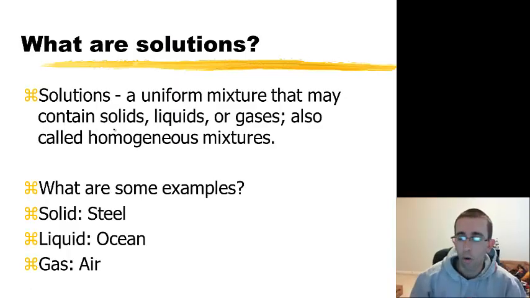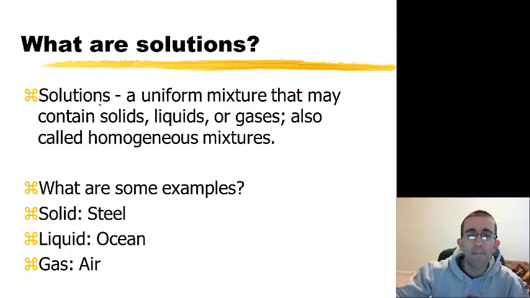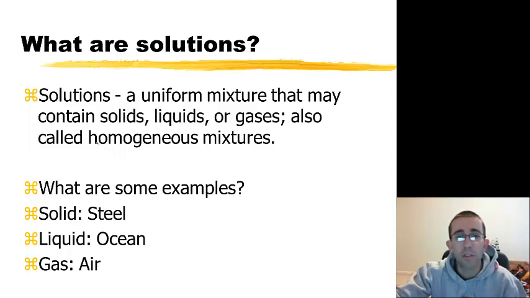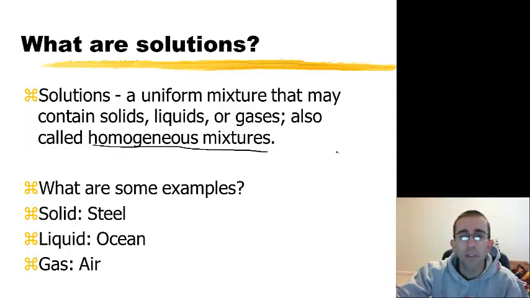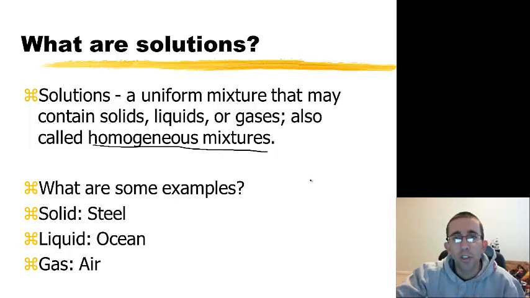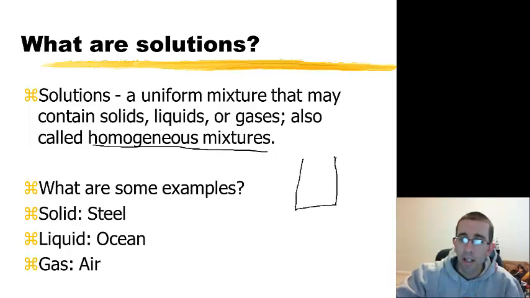So first of all, what are solutions? This is a term we covered first semester. Remember, it's a homogeneous mixture. It means it is a mixture of compounds or elements, and when you look everywhere in your sample, it is a uniform mixture, meaning even throughout. So if you had a container of salt water, what's it have in it?